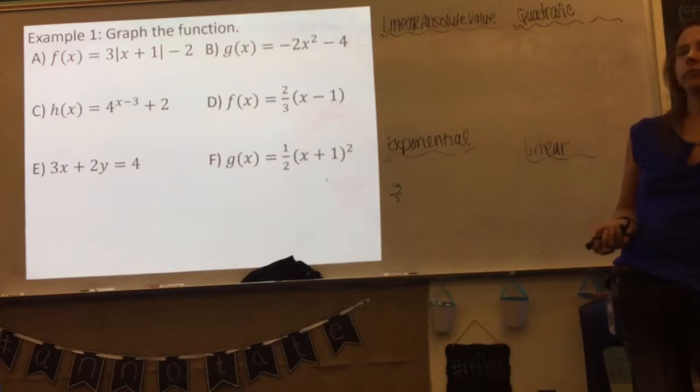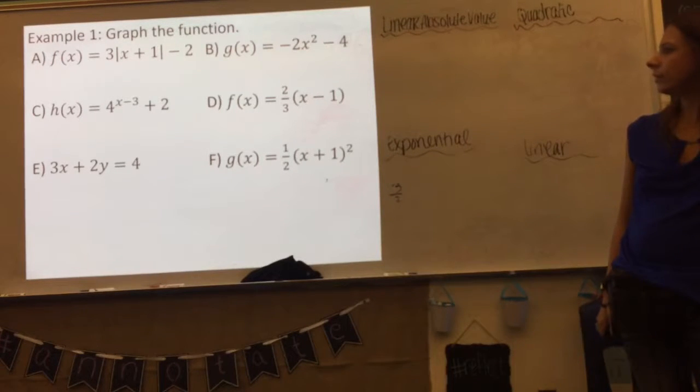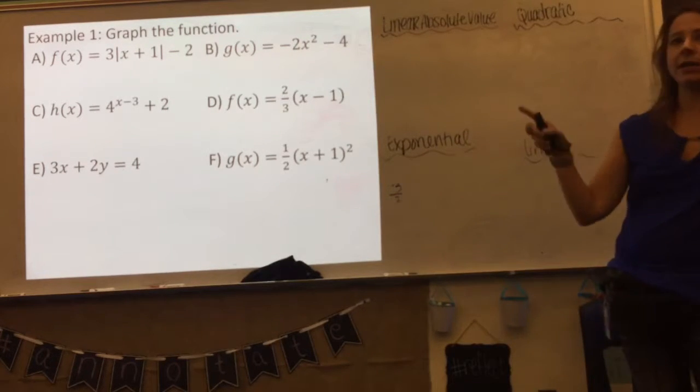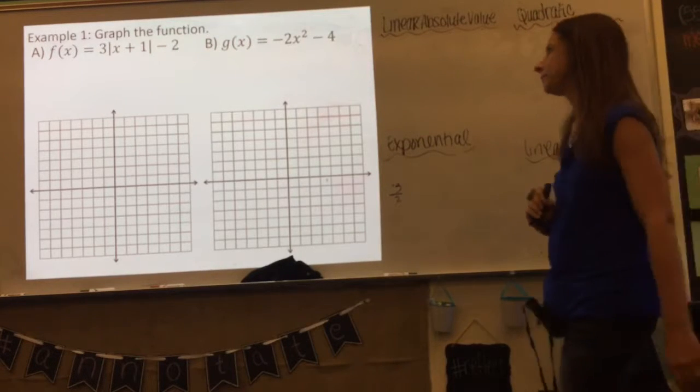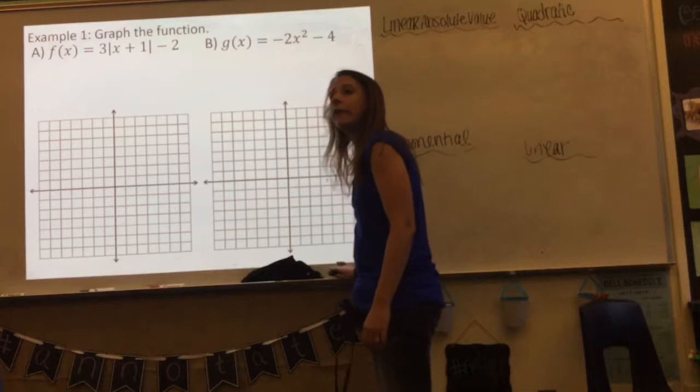So cross that slide off. That one's not supposed to be in there. So you could just put a big X. We're going to delete it. Okay. Done. We're going to do example A first.